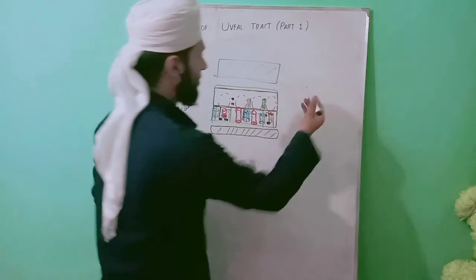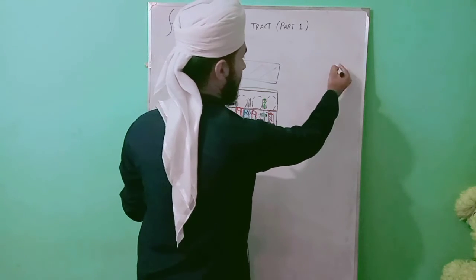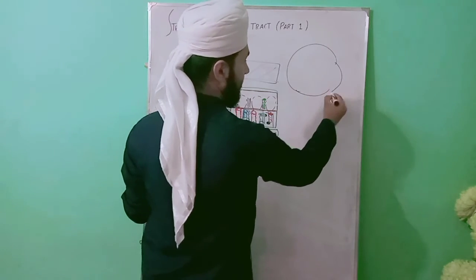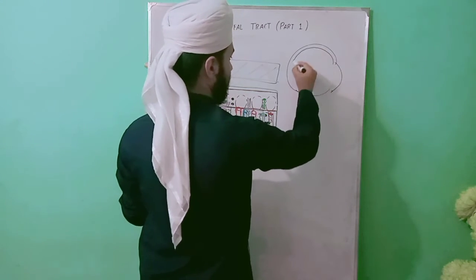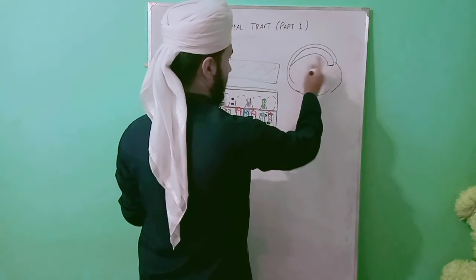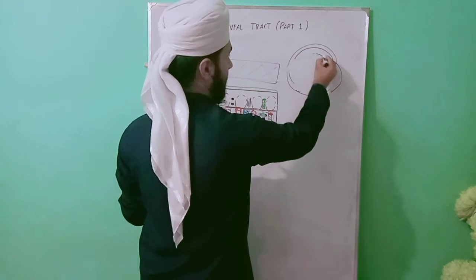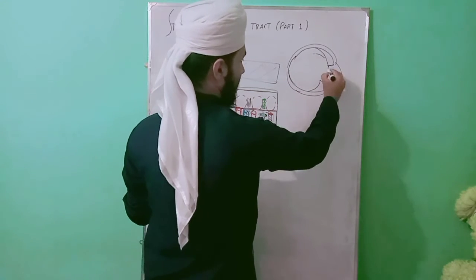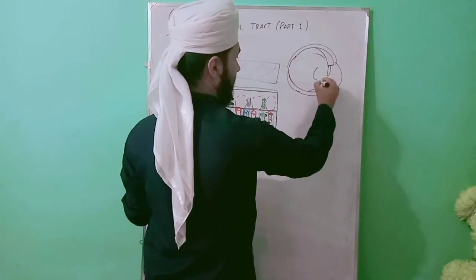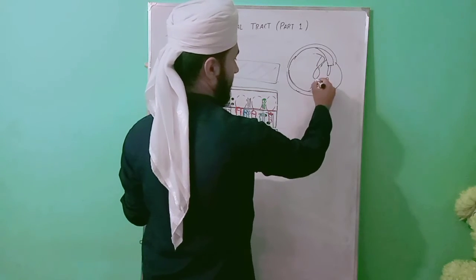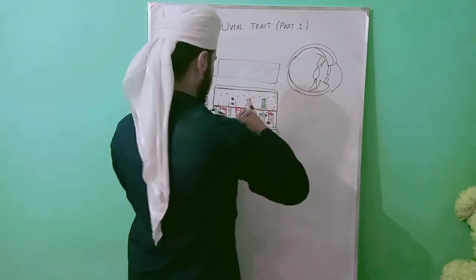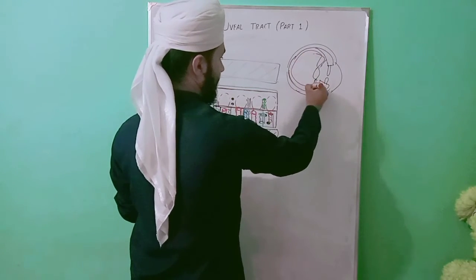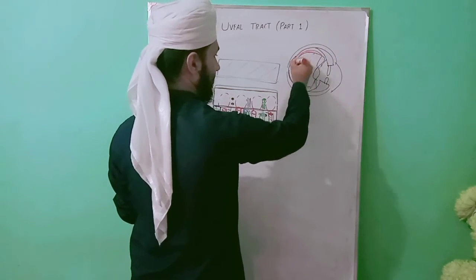So let me tell you that here is our eyeball. This is cornea. This is choroid. This is iris. Here is our lens. And here is our retina.